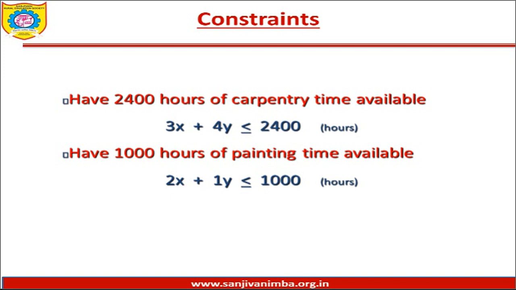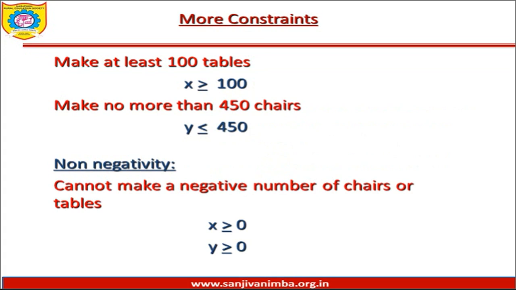Moving further, आपको एक और इंफॉर्मेशन दिया गया है कि आप 100 से कम टेबल नहीं बना सकते हो. So x has to be greater than or equal to 100, where x is nothing but the total number of tables to be manufactured. Secondly, आप 450 से ज्यादा कुर्सियां नहीं बना सकते हो.